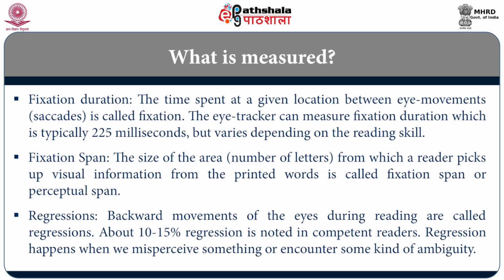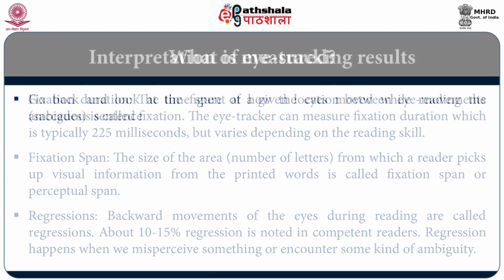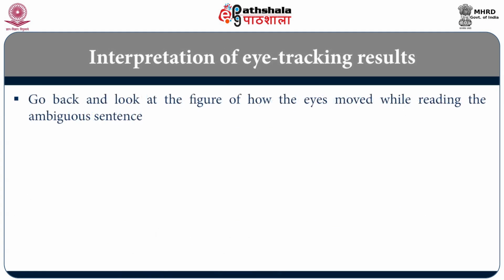How do you interpret the results? So you go back and look at the sentence that we discussed earlier, on which eye tracking information is recorded. The knight attacked the windmill on the donkey, and you will see that there are a lot of regressions because it is an ambiguous sentence.